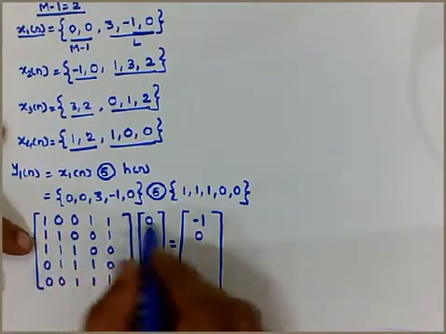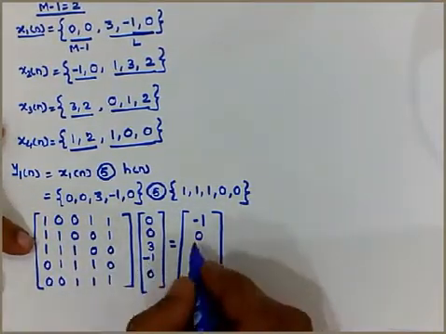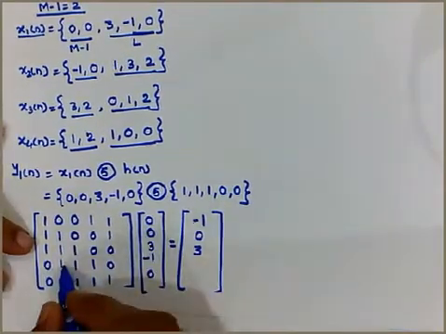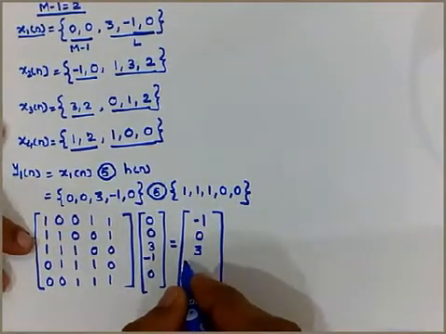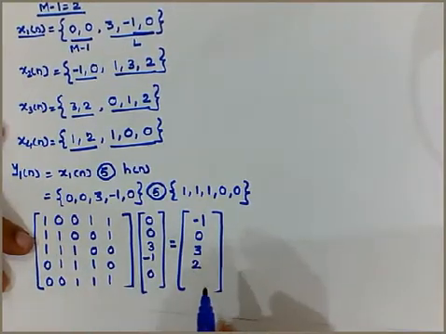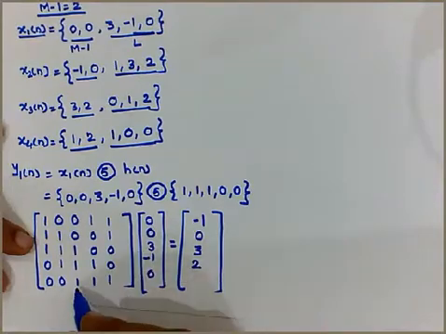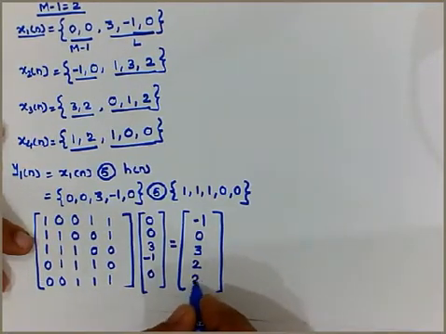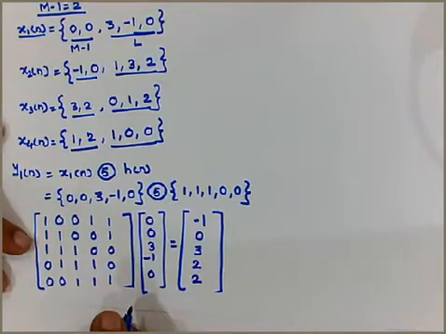Then next this is 0 plus 3. Next it is 0 0 plus 3 minus 1. It means it is 2. Next 0 0 plus 3 minus 1, that is 2. So this is the sequence which we will get.